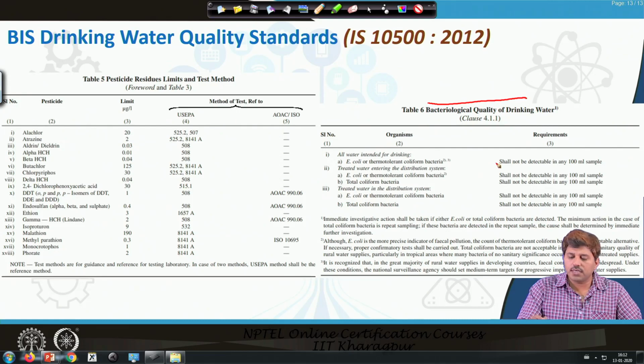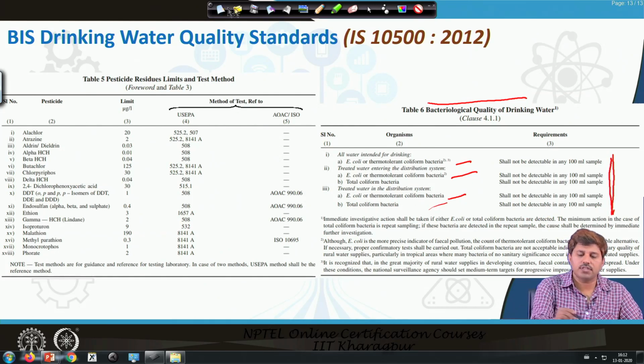It gives the amount for E. coli or thermotolerant coliform bacteria for treated water entering distribution system, total coliform bacteria, and treated water in the distribution system. Generally this should not be detectable in any 100 ml sample of the water. So, that is the criteria for the bacteriological limits.